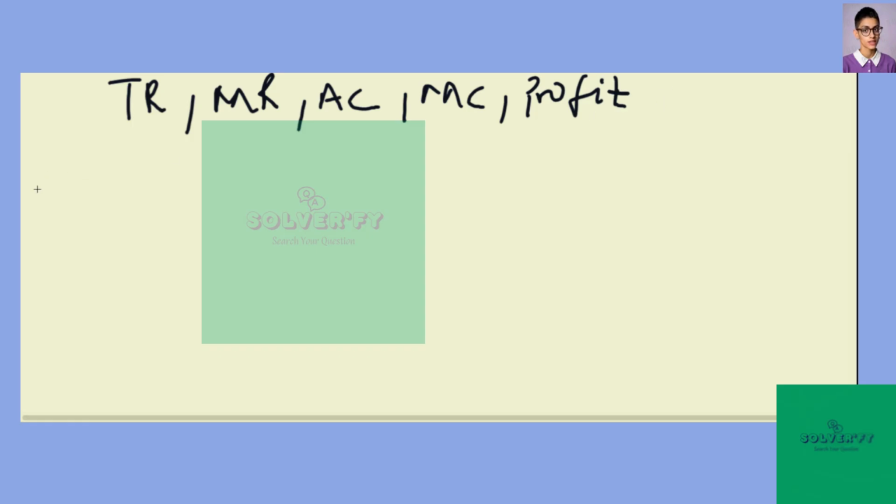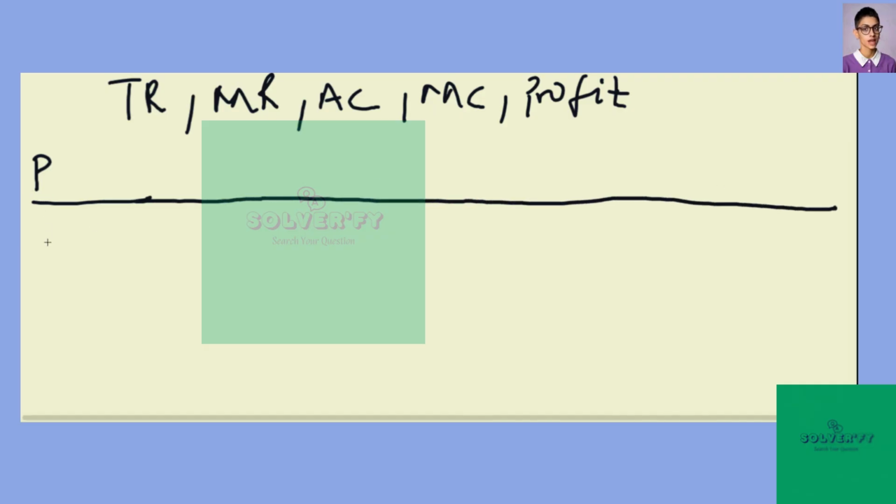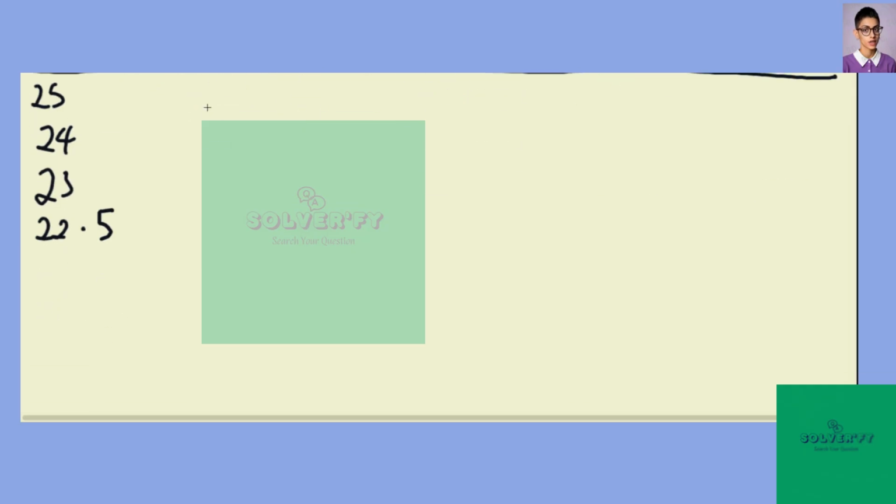So we'll start by drawing the table that shows the price and the quantity. For the price we have 25, 24, 23, 22.5, 22, 21.6, and 21.2.